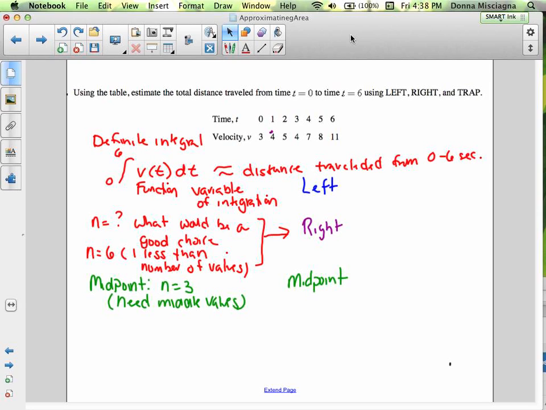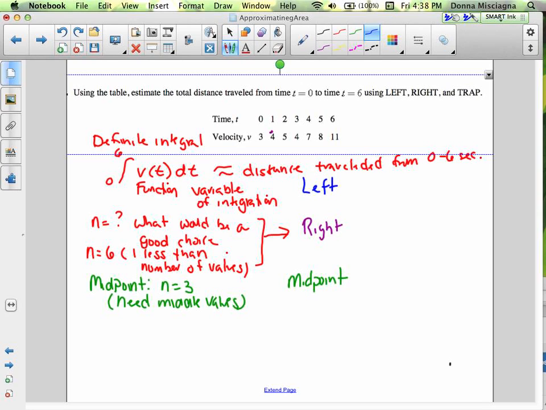Here, it doesn't really tell us how many subdivisions, or subintervals, to use, right? But if you look at the data, there are 7 pieces of data there. So that means if you have 7 pieces of data, you can make 6 rectangles.